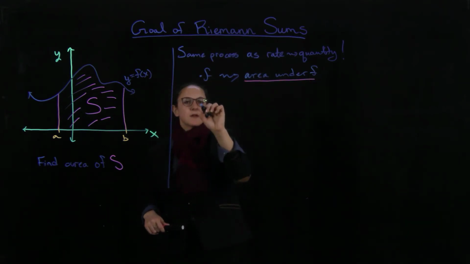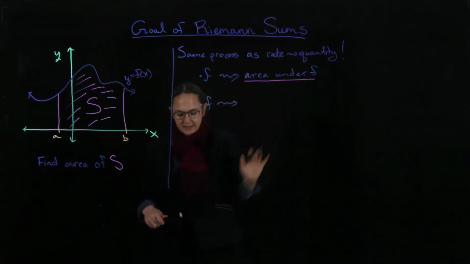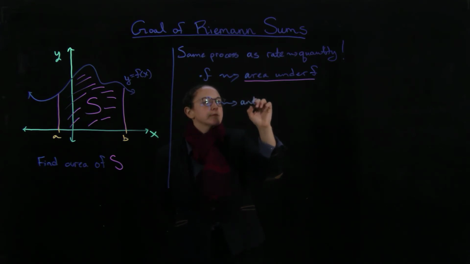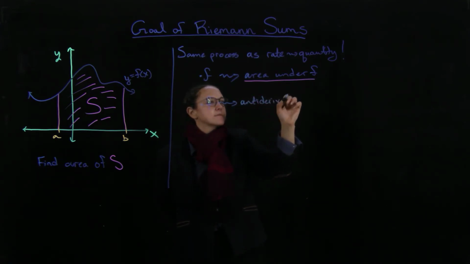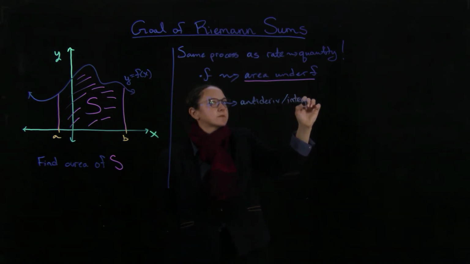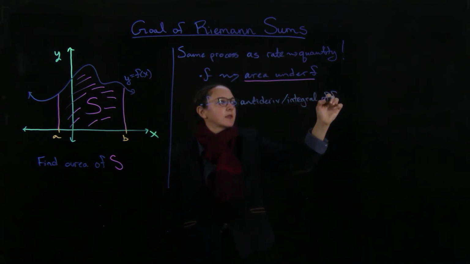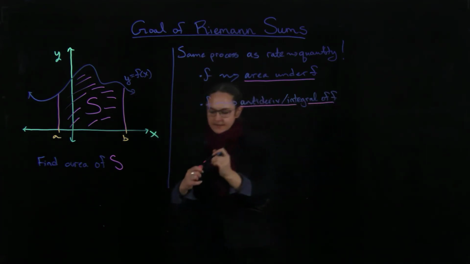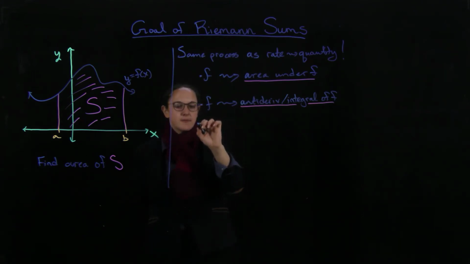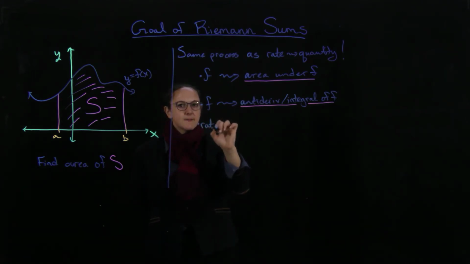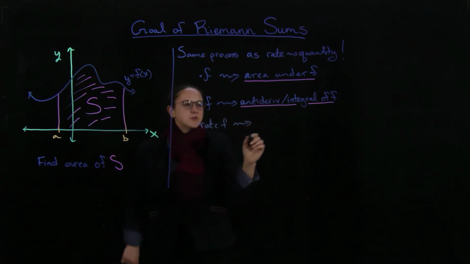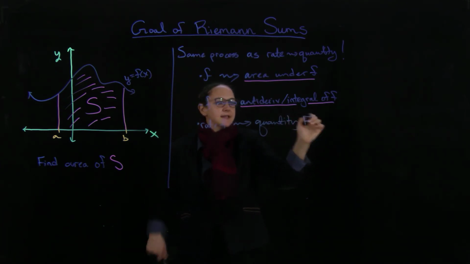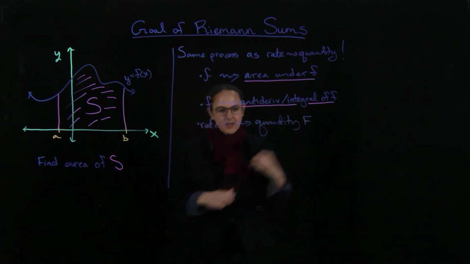At the same time, I can go from f to the antiderivative or integral of f. This is the same process as going from this rate f over to the quantity, which is this antiderivative. So every time I'm writing each of these things, these are all the same process. It's good to keep that in mind.